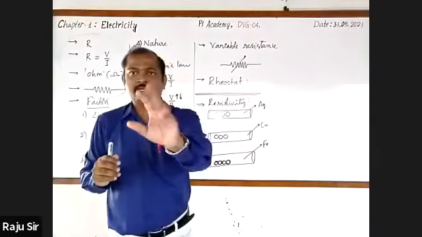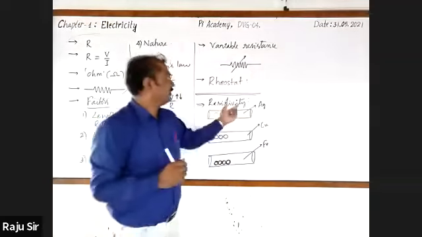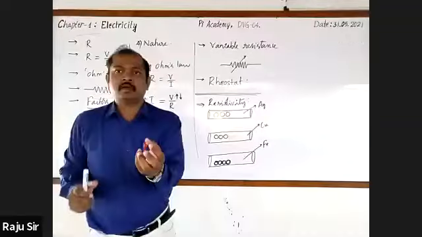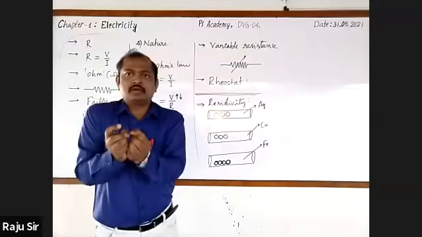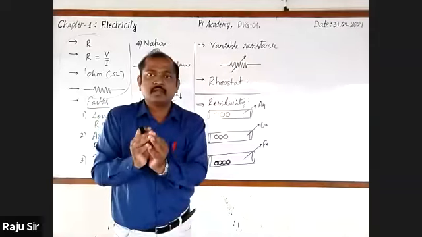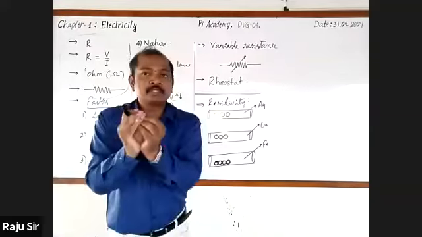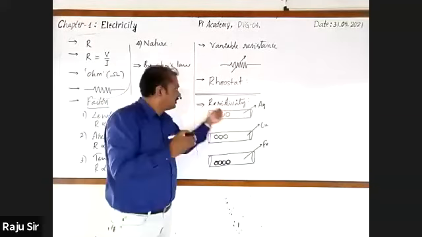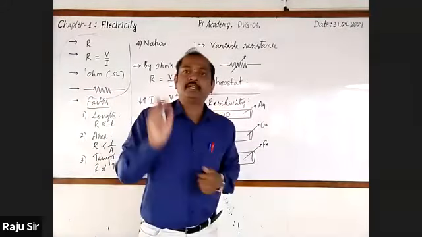Doubt, sir? I'm not coming from the definition, I've just been giving you the meaning of resistivity. The measure of resisting power. How strongly a metal opposes the flow of electrons, how weakly the metal opposes the flow of electrons, is termed as resistivity.